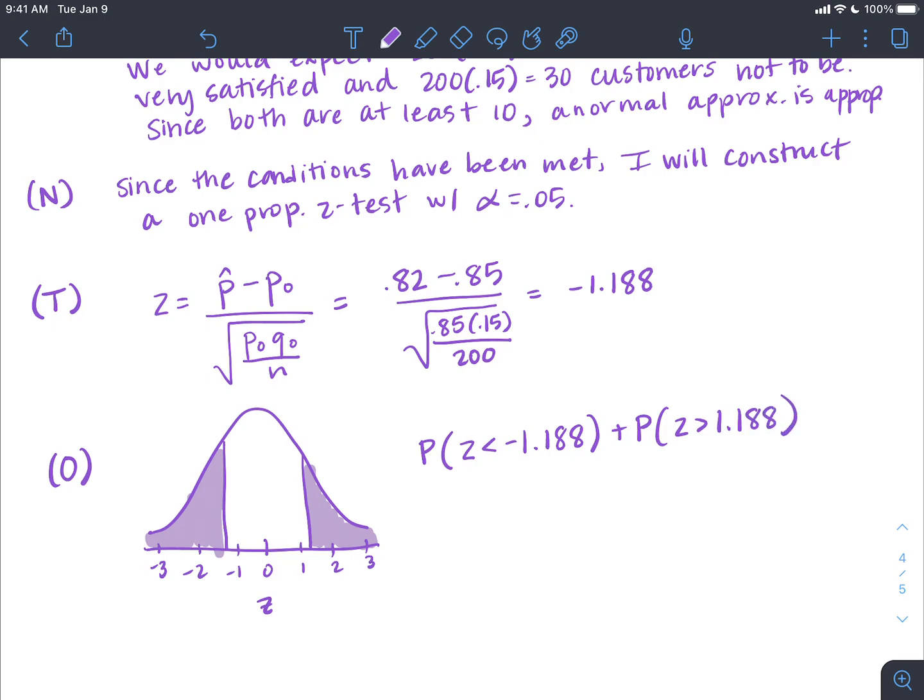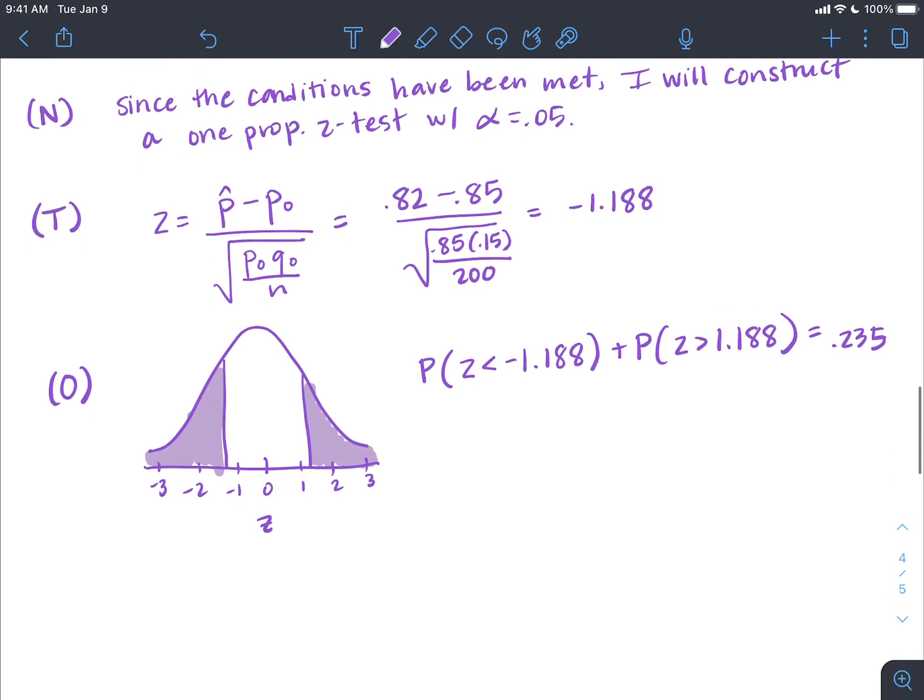So this is what we have to write for our two-sided test. And we already know the answer to that. It's given to us in the stat test 5. You'll see it in the third line down, 0.235. So about 23.5% is our p-value.